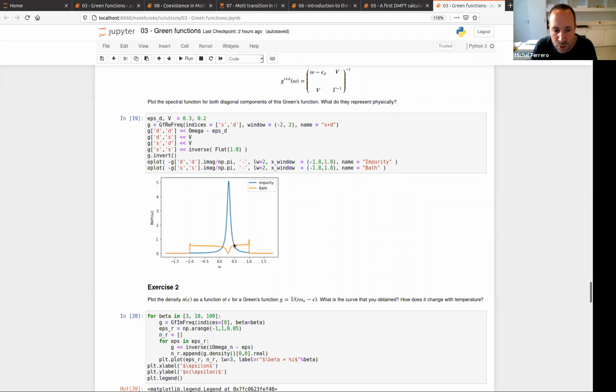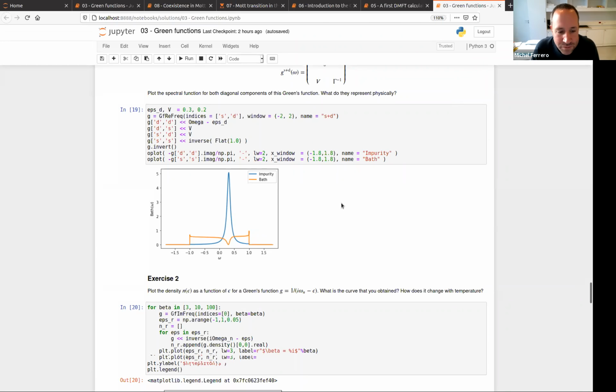The broadening here is related to the lifetime of the excitation, so the smaller the broadening, the longer the lifetime. From the point of view of the bath, the fact that the electrons in the bath now have a chance to hop on the impurity creates a counter effect in the bath, and you see a dip in the density of states. Originally, this was a flat bath, so it was just a flat function, and now it has a dip exactly at that energy.